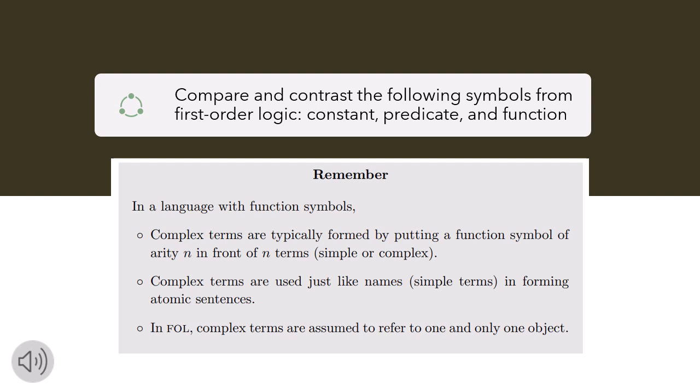And each function symbol, like a predicate symbol, will have an arity. And we can form what we'll call complex terms by putting a function symbol of arity n in front of n other terms, either simple or complex. And so this is sort of a recursive definition, and you can repeatedly apply these function symbols to come up with complex terms or other names.